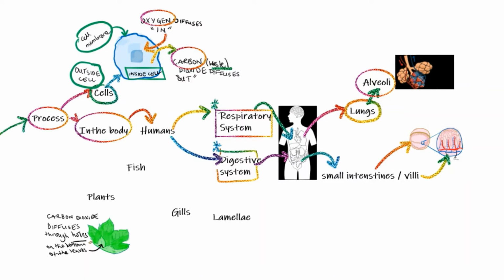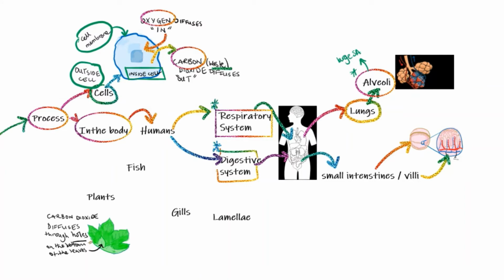You should know that the surfaces and organ systems are specialised for exchanging materials. The exchange surfaces are adapted for the function of diffusion. Let's look at the alveoli to start off with. The alveoli has a large surface area.